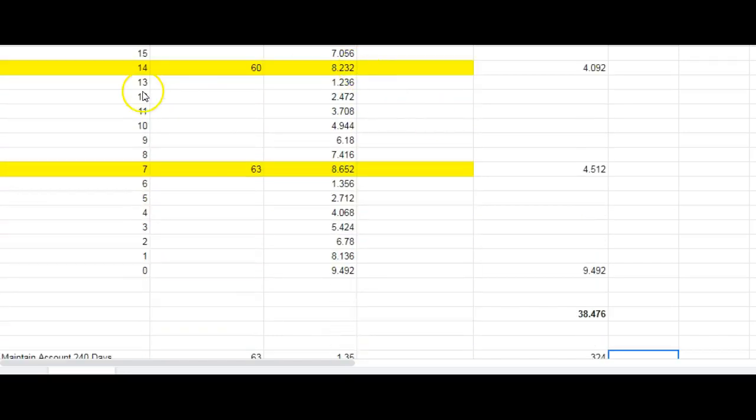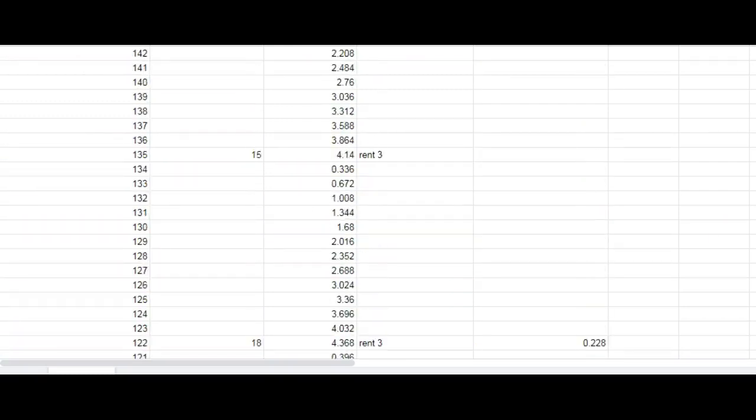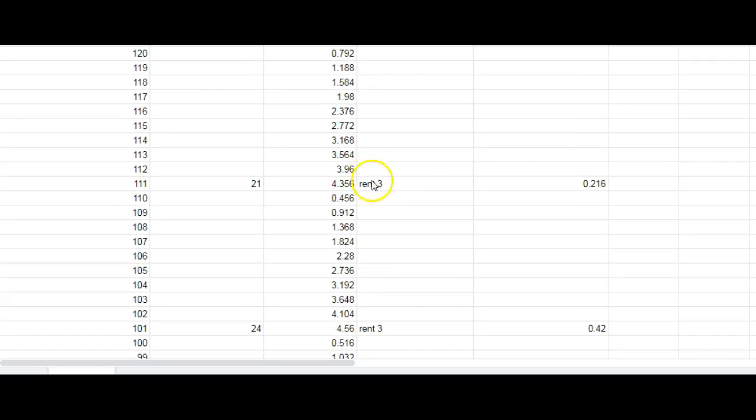And by the time you get to the end of your 240 days, you're going to have 63 rented referrals, and you will also have an extra $38.47 available as profits. So this means that you have created a profitable account by the time you get to about here, because okay, it's only a very small amount of profit, but you are actually getting profit all the way along here.